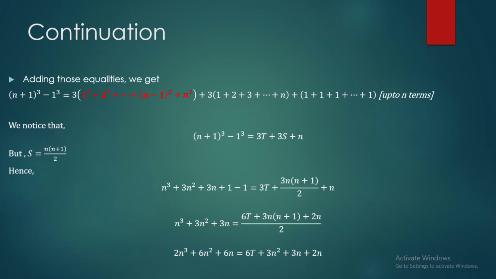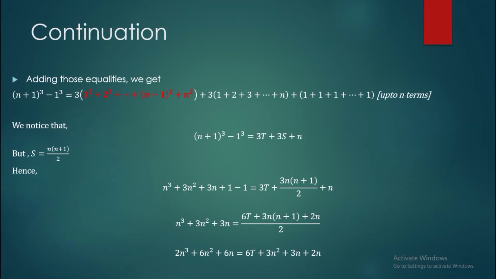So we have n cubed plus 3n squared plus 3n plus 1 minus 1 equals 3t plus 3n times (n plus 1) divided by 2 plus n, which we can take the common denominator of, and we can multiply both sides by 2 to get 2n cubed plus 6n squared plus 6n equals 6t plus 3n squared plus 3n plus 2n.